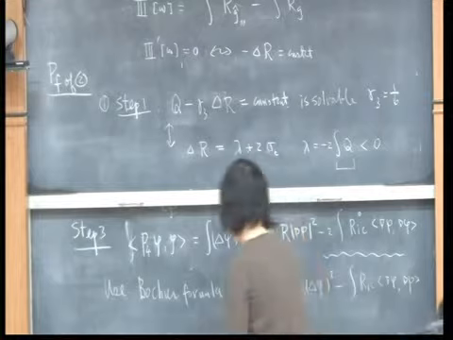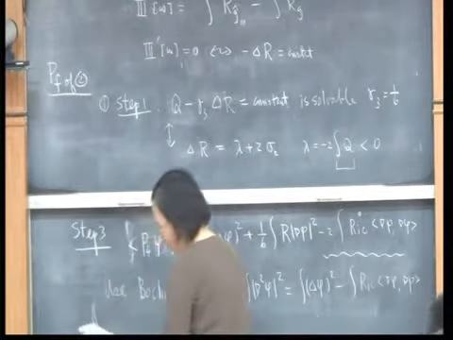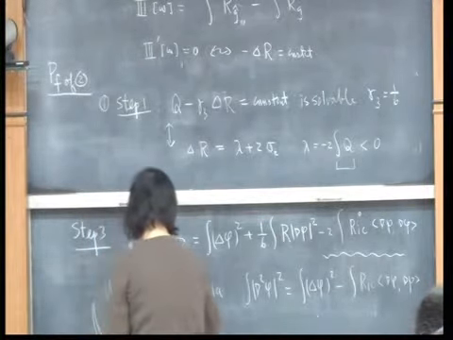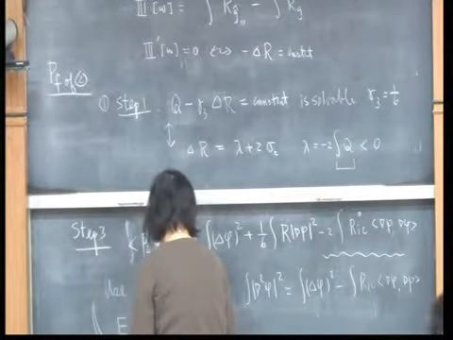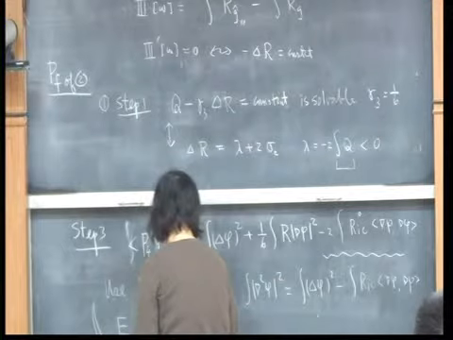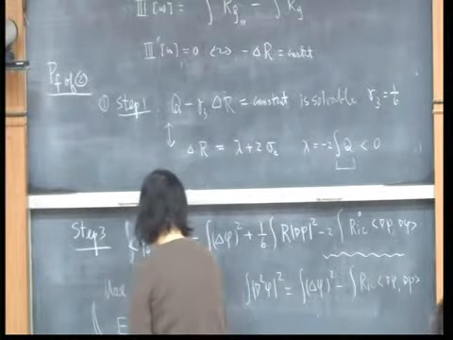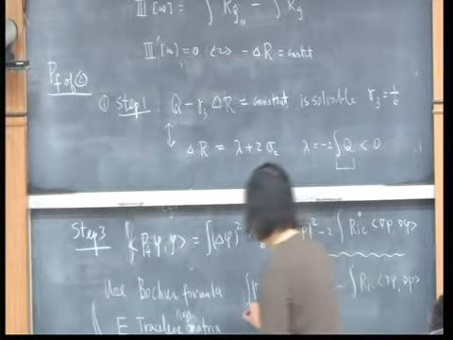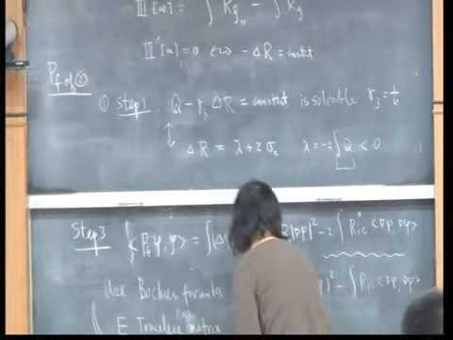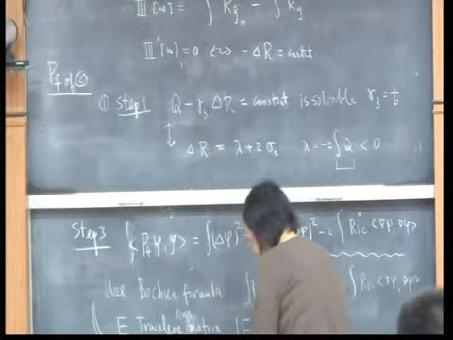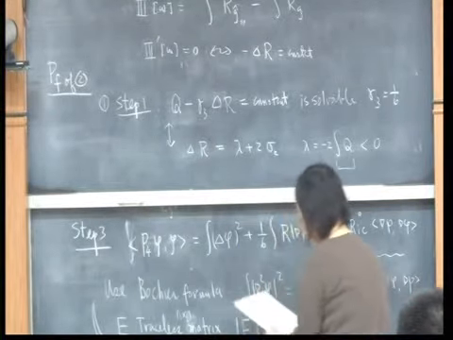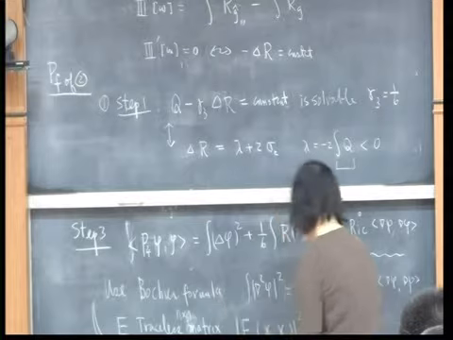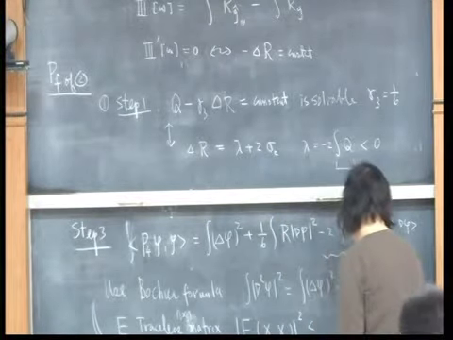The other fact one uses is: if E is a traceless Ricci tensor, trace-free, then the sum of E_ij x_i x_j is less than or equal to a constant times the norm of E squared.